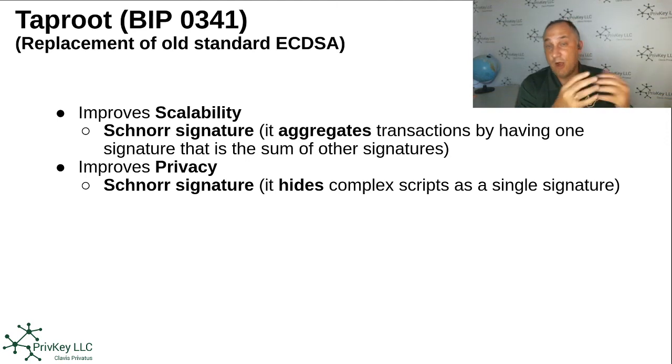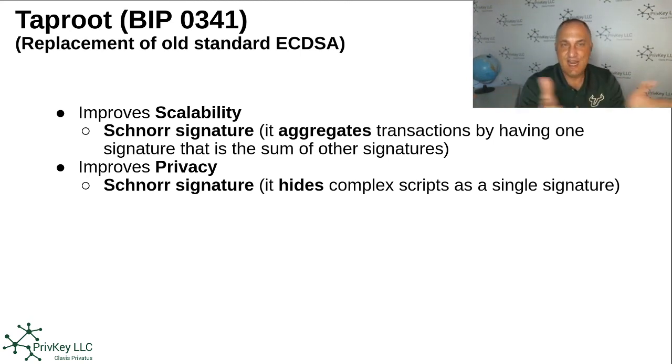In the case of a more complicated transaction where you have 2 out of 3, so only 2 signatures have to sign, or 3 out of 7, or 4 out of 5, there's complexity. Now, in the existing ECDSA, these transactions are noticeable. You can see that it's not a simple transaction; it's more complicated and takes more space.